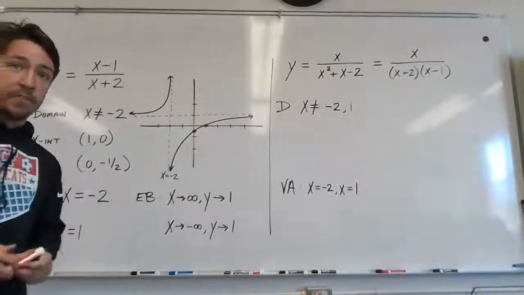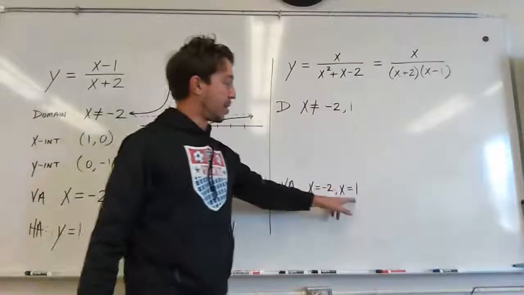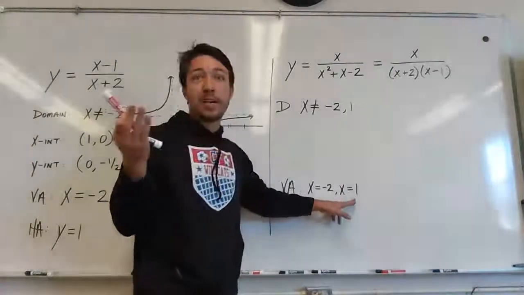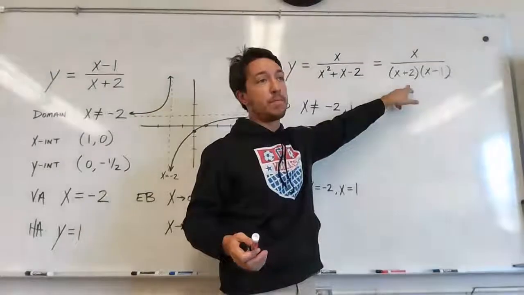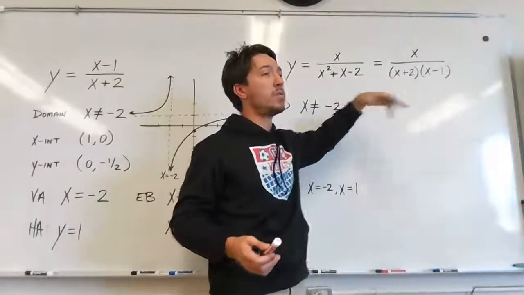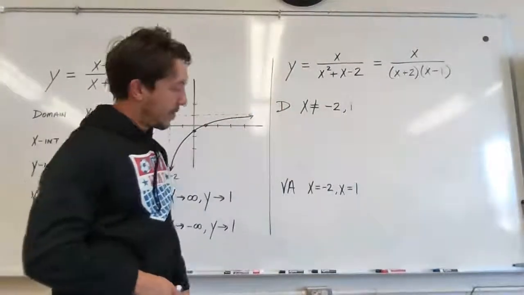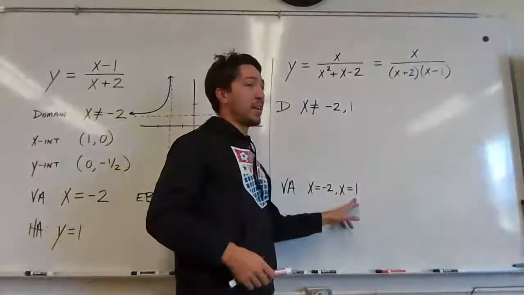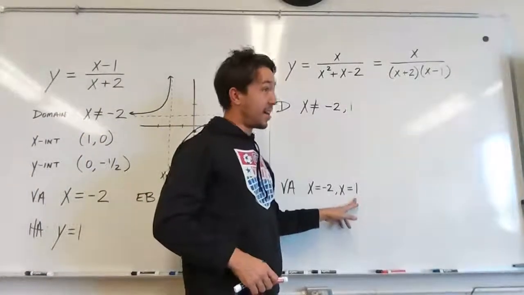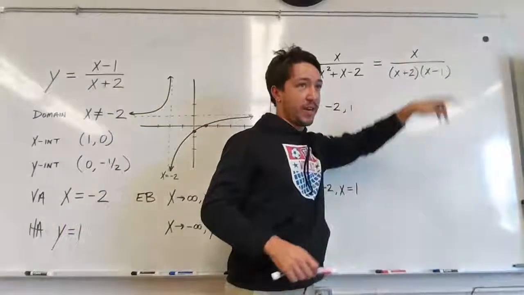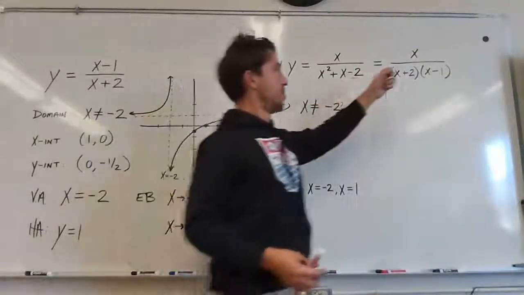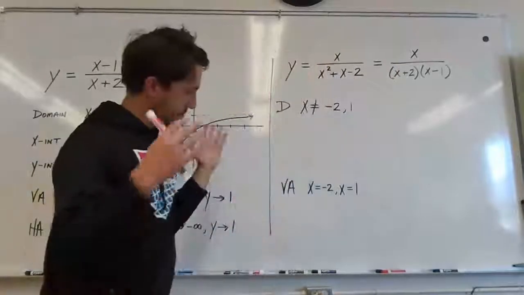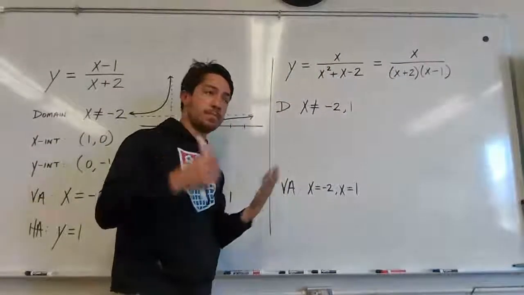If you'd like, you can confirm for yourself, say, what's a number really close to 1? I don't know, 0.99. If you plug 0.99 into this, you're going to find that it produces a very large y value. In fact, if you plug in 0.9999999 into this, you'll get a really big y value. So the closer you are to 1, the bigger the y value produced. Same thing with negative 2.